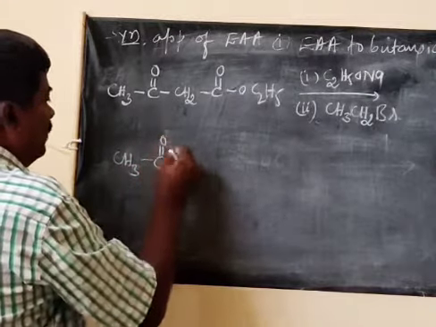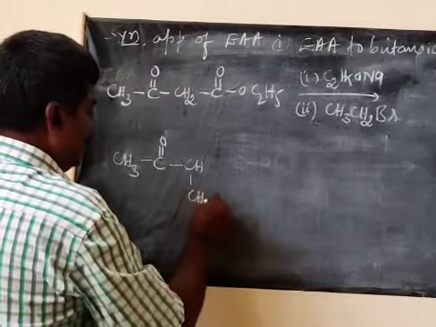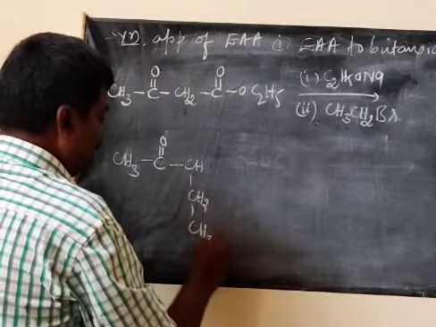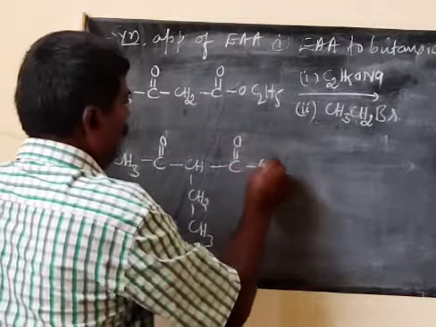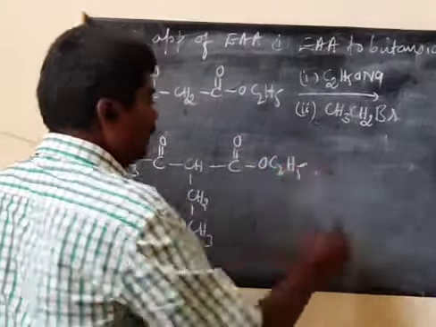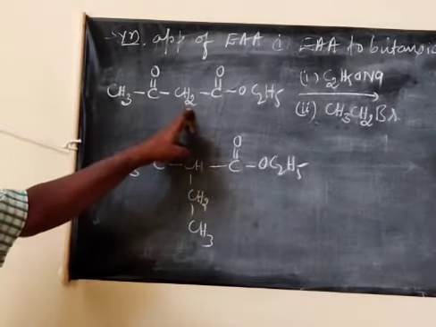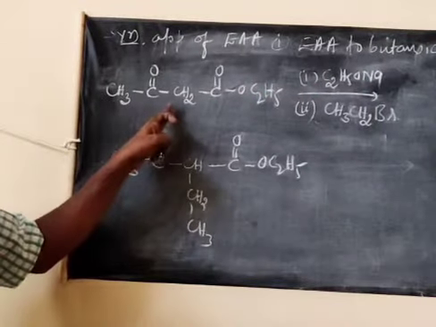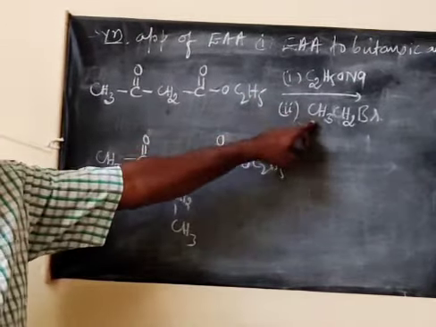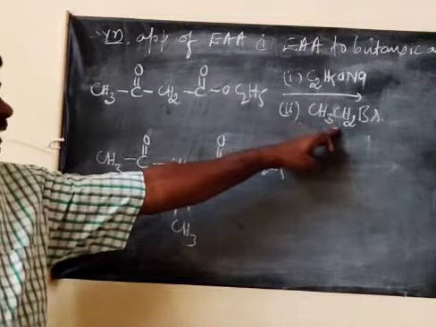CH3, C double bond O, CH, CH2, CH3, then C double bond O, O, C2H5 is formed. Sodium methoxide replaces the proton with sodium, and in the next step, on treating with ethyl bromide, the sodium is replaced by the ethyl group.